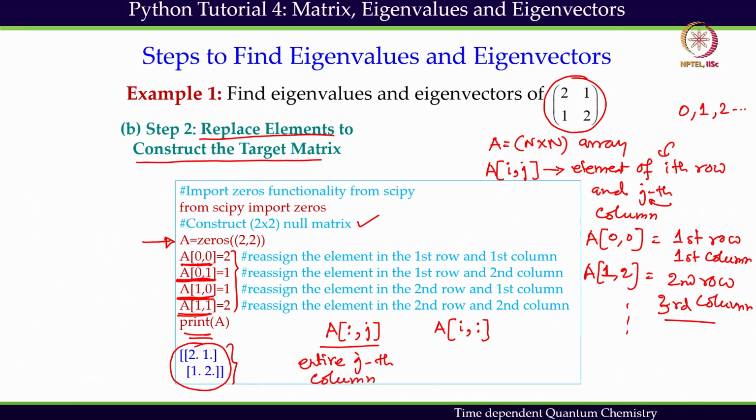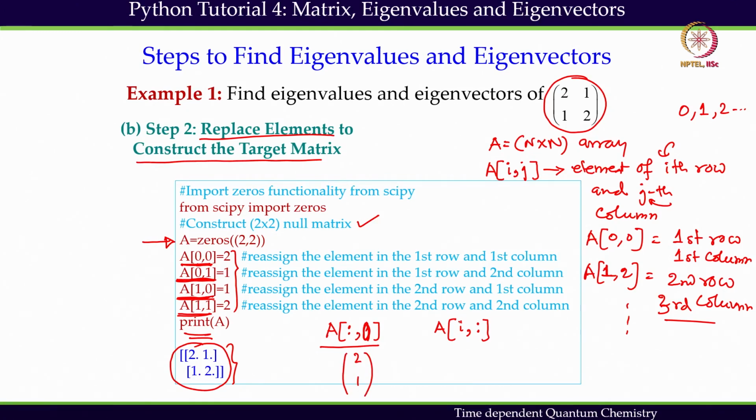So if it is let's say 0, then I will get back the entire column, and the entire column is going to be now 2 1.